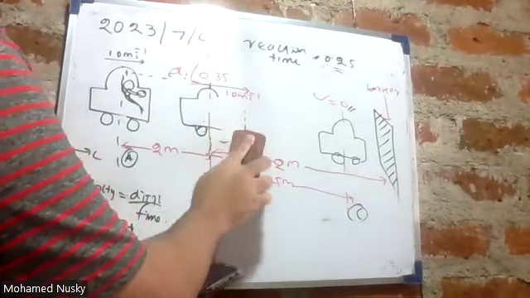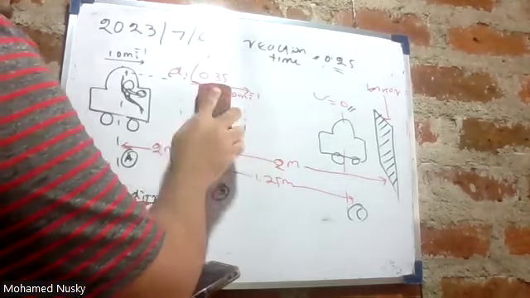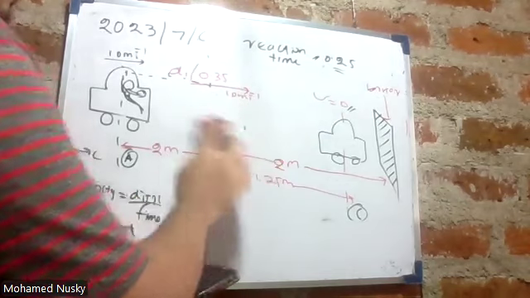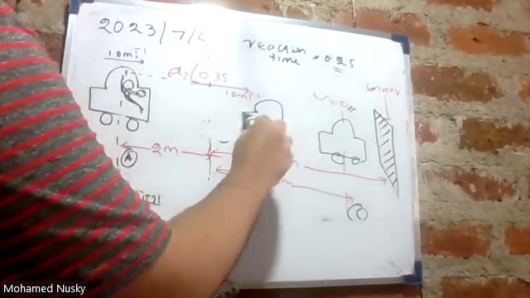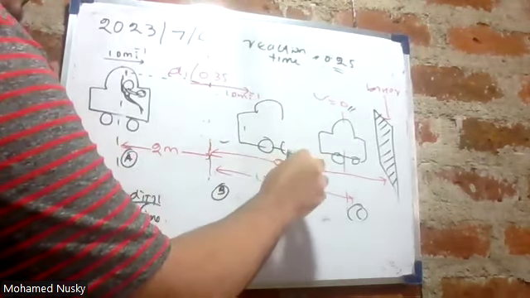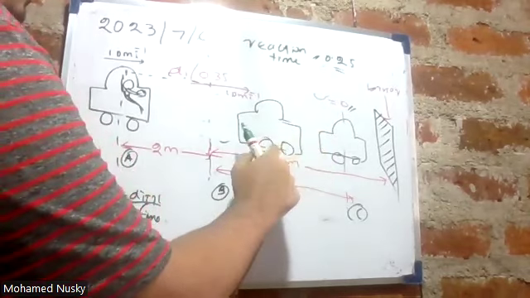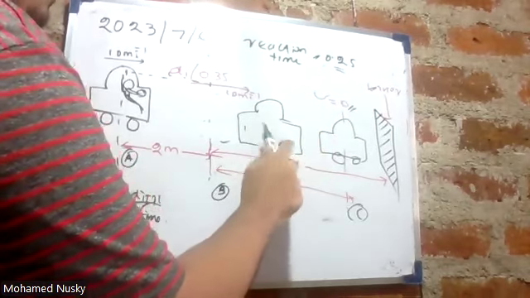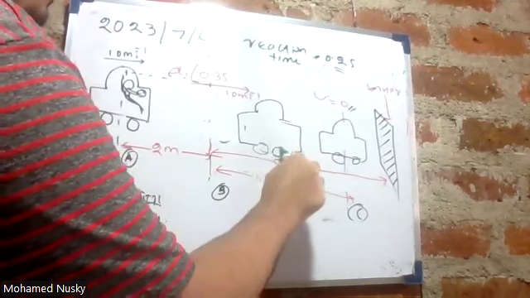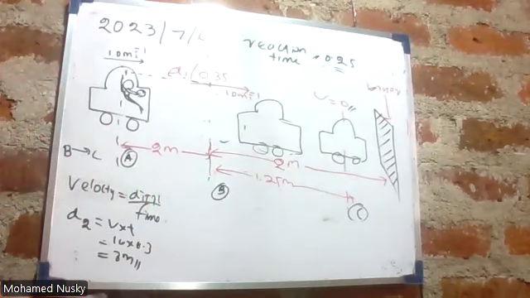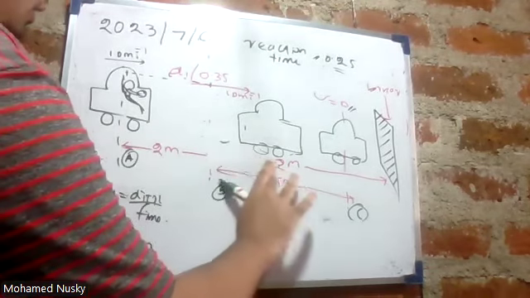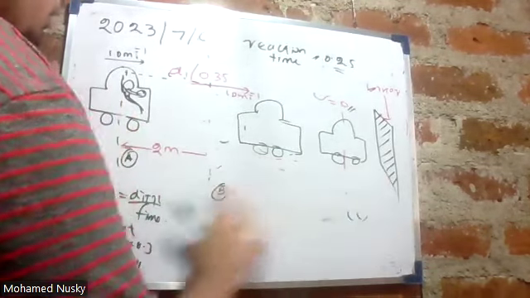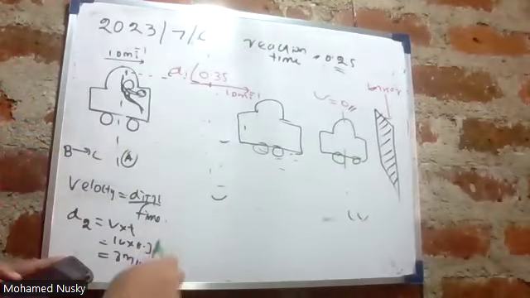Now the car will not be here. The car will be somewhere here. So now the distance is not 2 meters, it takes 3 meters.